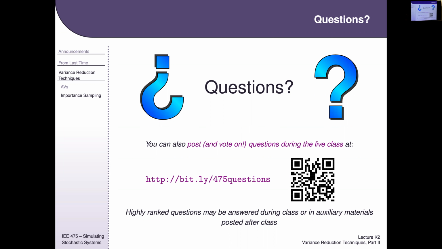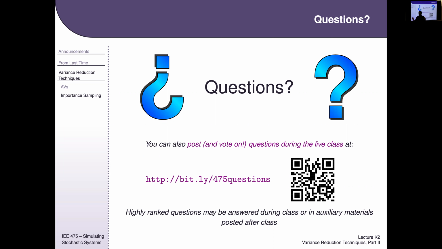Will any of you use the VRTs in your final projects? Probably not. Some of you might use common random numbers, or might inadvertently use them because of the way some of your models will work out. The rest of these, you could consider using things like antithetic variates, but things like AVs don't become really important until you get complicated models that take forever to run.